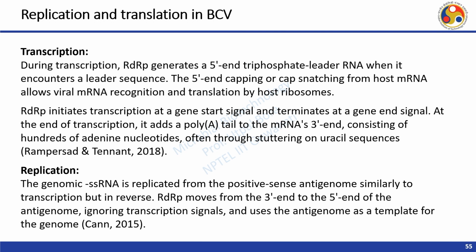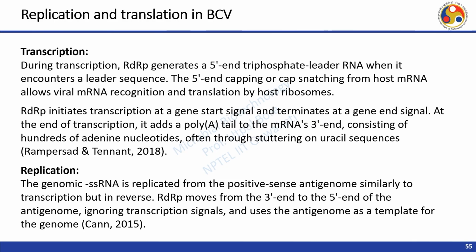RDRP initiates transcription at a gene start signal and terminates at a gene end signal. At the end of transcription, it adds a poly A tail to the mRNA's 3' end consisting of hundreds of adenine nucleotides, often through stuttering on uracil sequences. Replication.